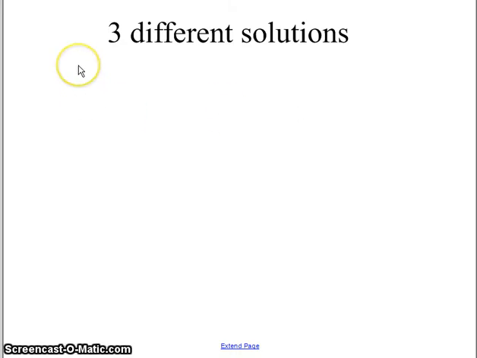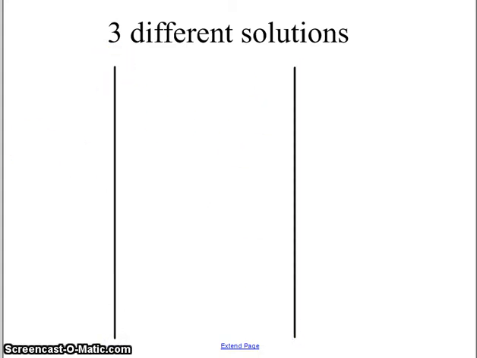When you think of those 3 different solutions, I want you to make 3 columns on your paper. The first column is going to be what is the name of the solution. The second column is going to be what is the solute, and the third column is going to be solvent.